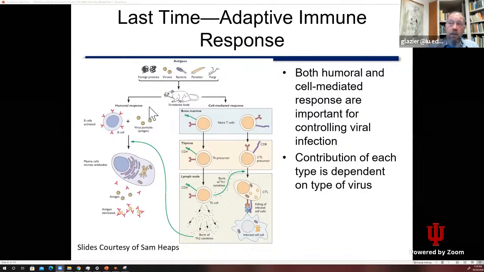You have what's called the humoral response, where B cells, this is typically not for a primary infection, but when you see this infection a second time, when you're exposed a second time to a virus, your body will have created B cells that have antibodies on their surface that recognize that virus.